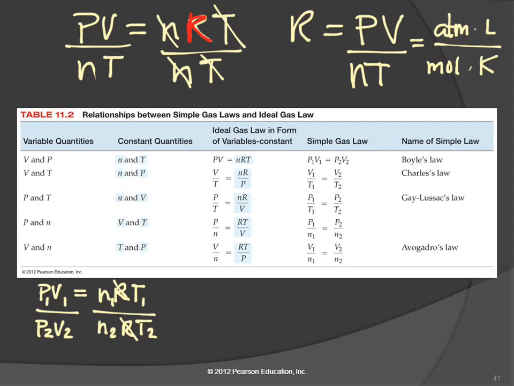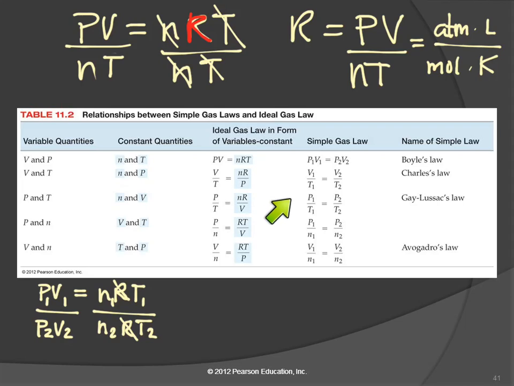Because if the temperature wasn't changing, if T1 was equal to T2, even if you didn't know what it was, that would divide out, right? It would cancel. If the volume wasn't changing, the volume would cancel out. So anything that's not changing, you can just cross off, and then what you've got left is what you need. And it may not look exactly like it's stated here, but it will end up the same.